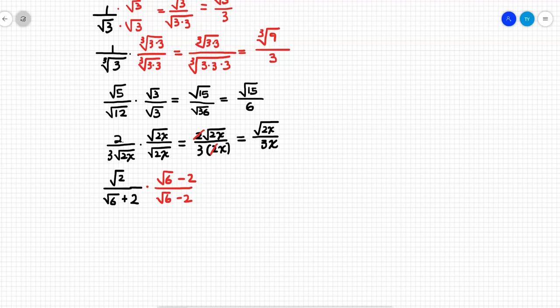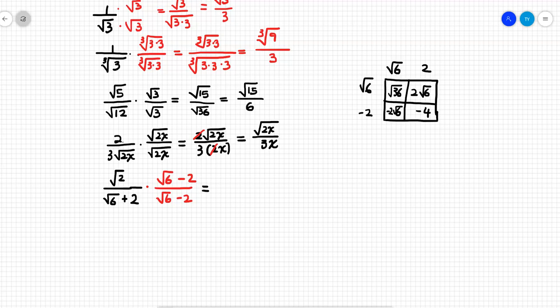I'm going to show you using the box here. So I have square root of 6 plus 2 and square root of 6 minus 2. That will be square root of 36, plus 2 square root of 6, minus 2 square root of 6, and minus 4.